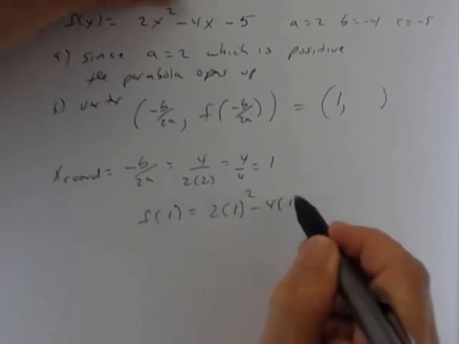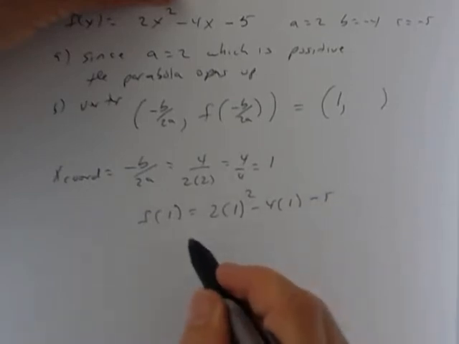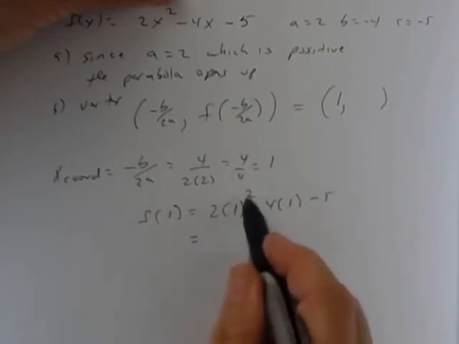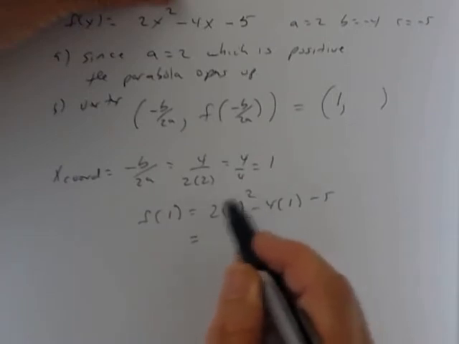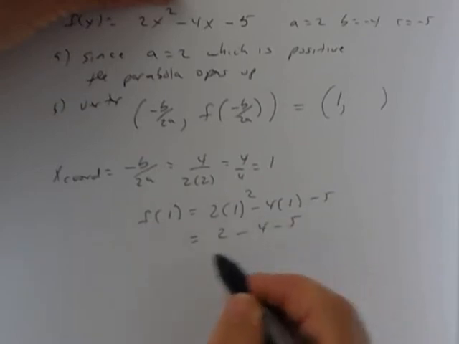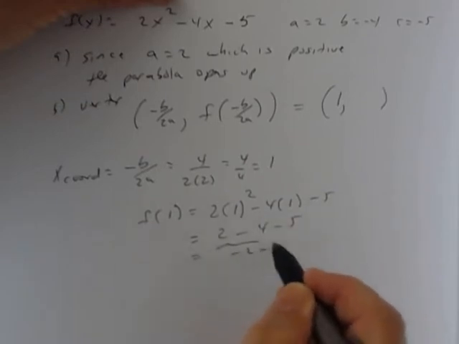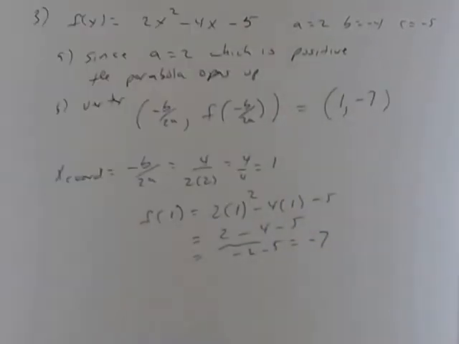What's x? 1, and then minus 5. So 1 squared is 1. 1 times 2 is 2. Minus 4 minus 5. So that's a -2 minus 5, which is a -7. All right, so I found the vertex.